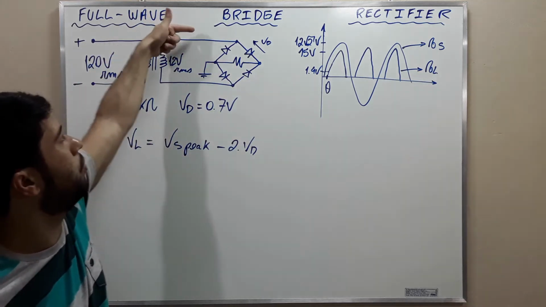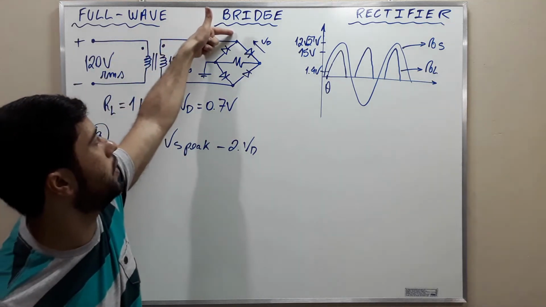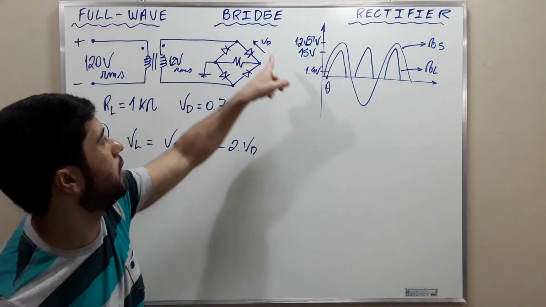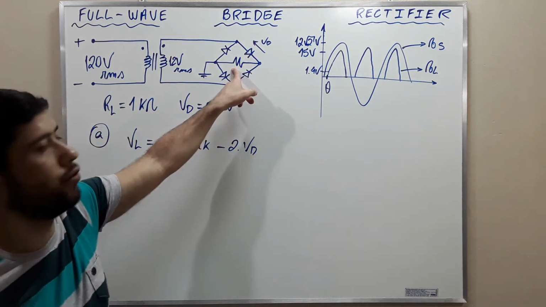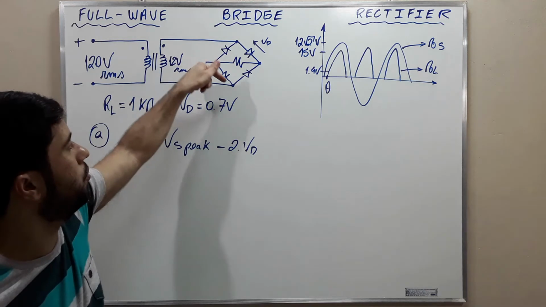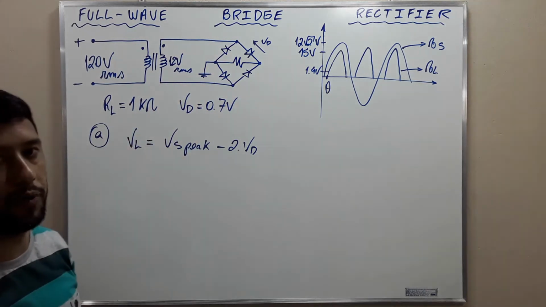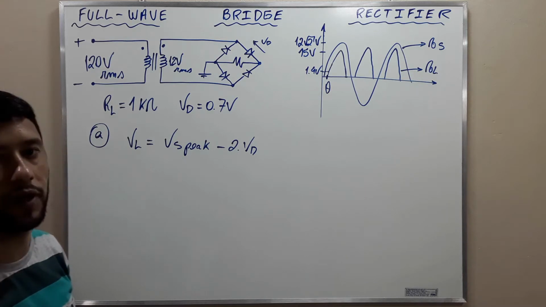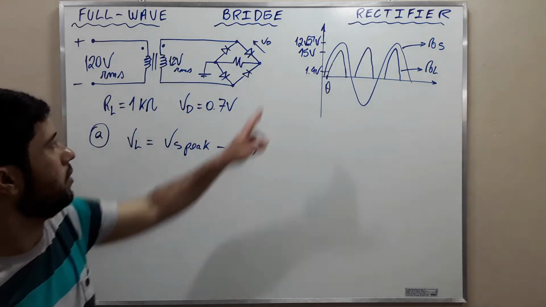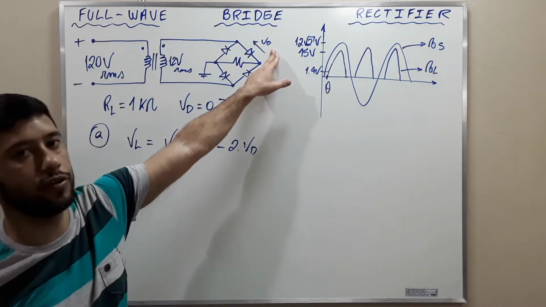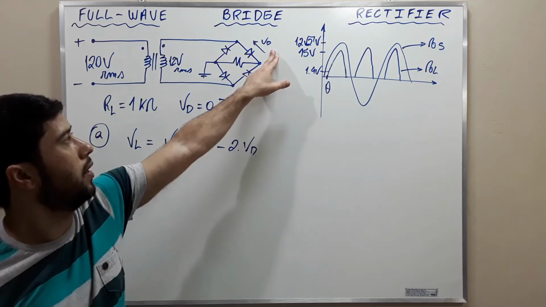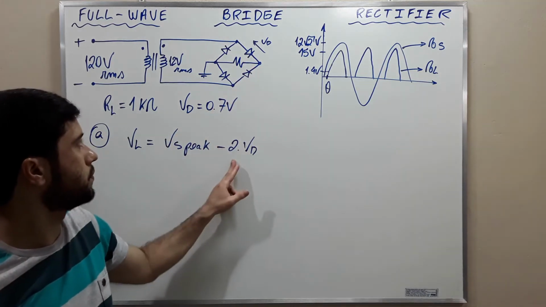For example, the current is going to go through this diode here, pass through the load and return through this diode here and go there. So there will always be 2 diodes along the path of current. Then this voltage drop will be 2 times VD.